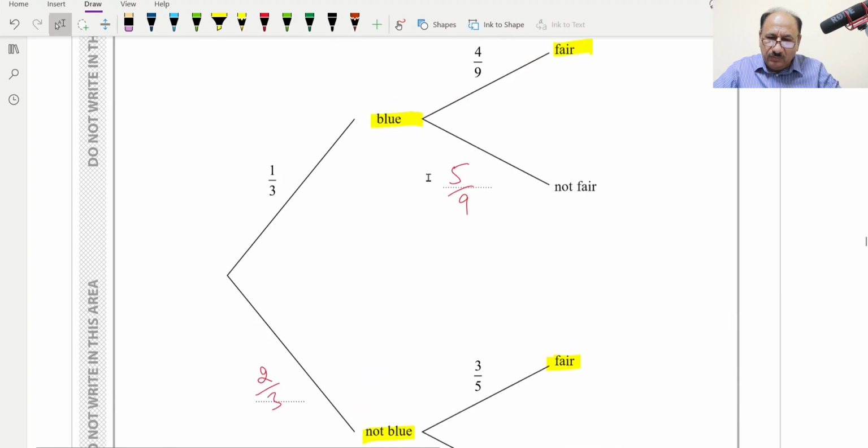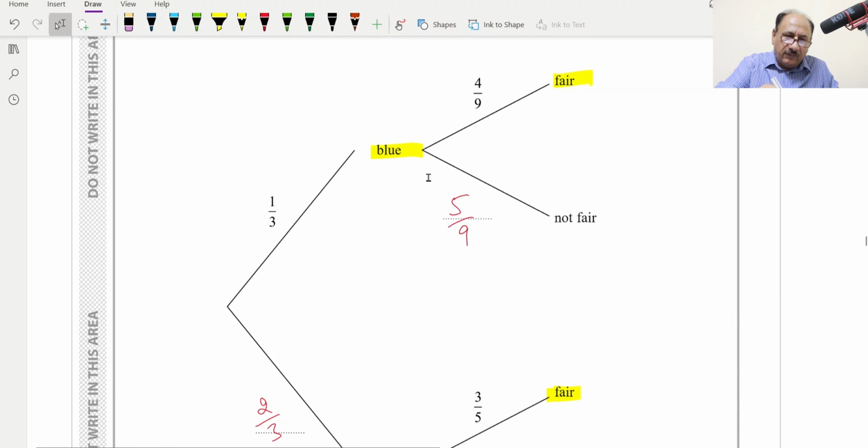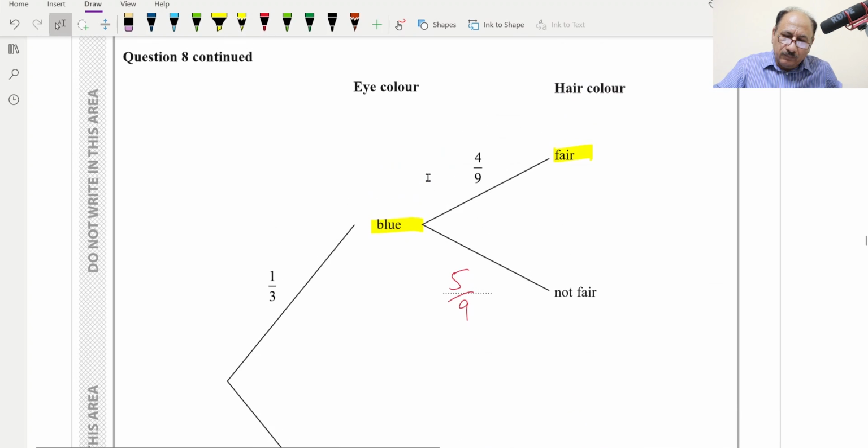So for fair, we will be taking both the options, and for that one we can write here, this will be blue and fair. So blue fair will be what? 1 by 3 into 4 by 9, and this will be equal to 4 over 27.